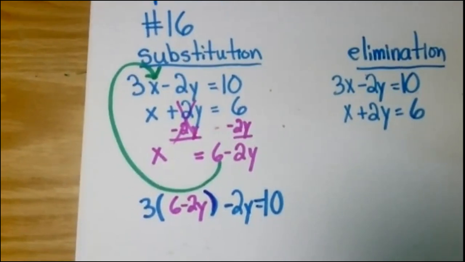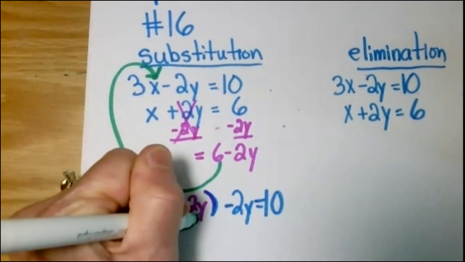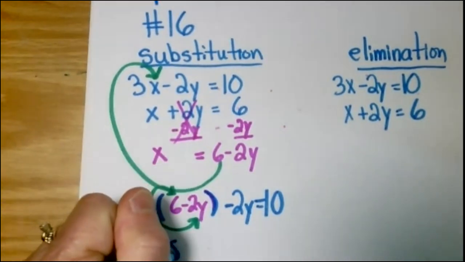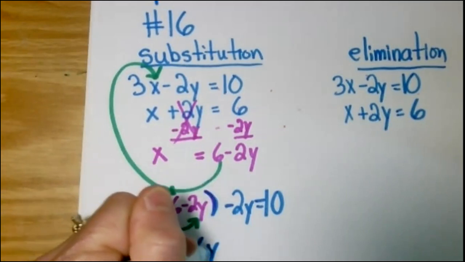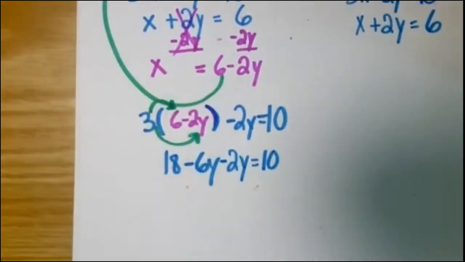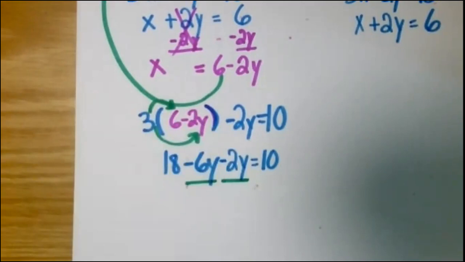Now I have to use the distributive property first to multiply the 3 times each number in the parentheses. 3 times 6 is 18, minus 2 times 3 is negative 6y, minus 2y equals 10. I can combine my negative 6y and my negative 2y, which is really negative 8y.